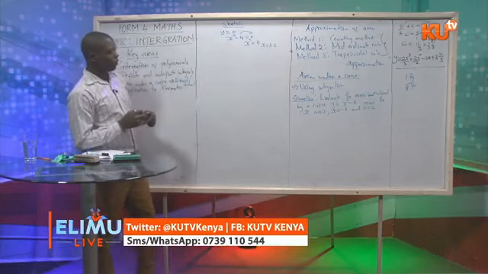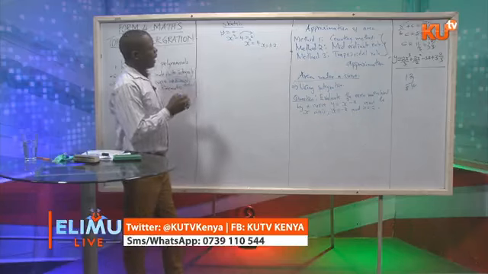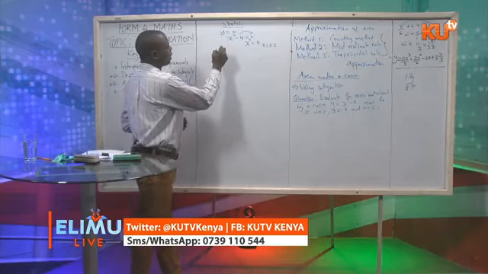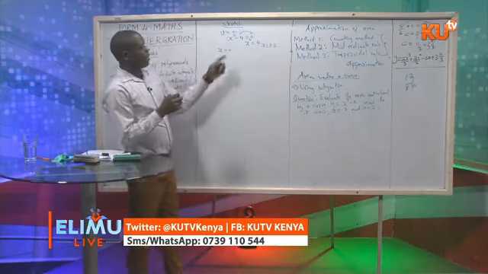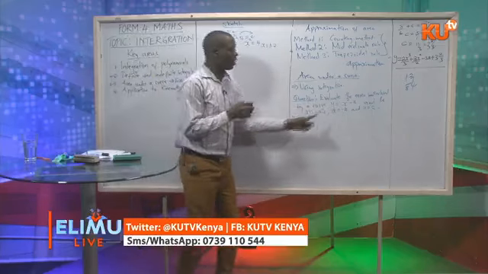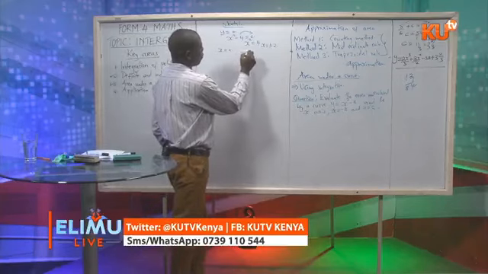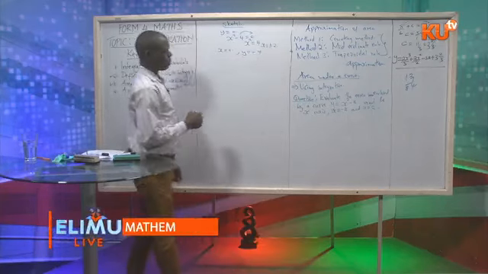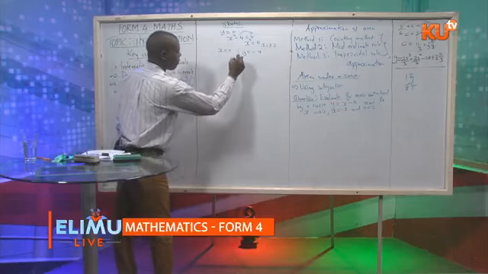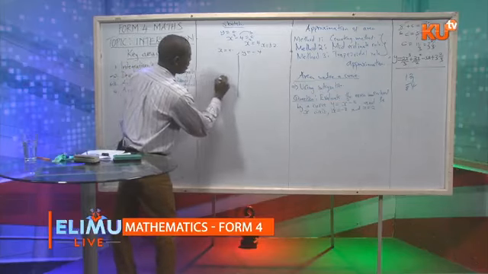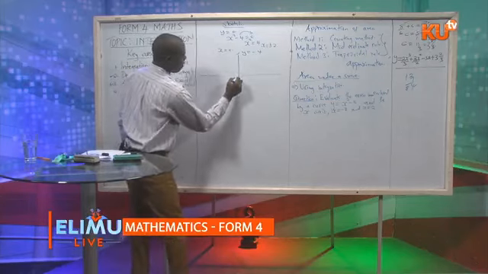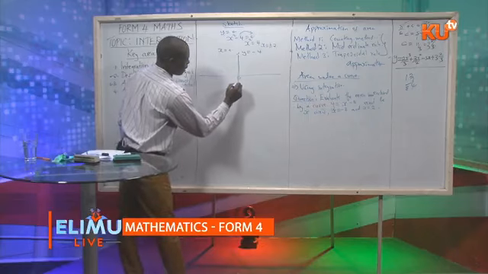Then on the y-axis, x is equal to 0. Now replace it here, x is equal to 0. It means y will be equal to -4. So it means this curve cuts the y-axis below the x-axis.